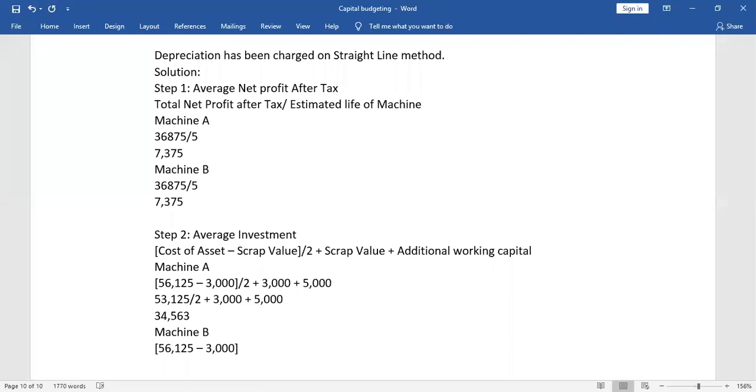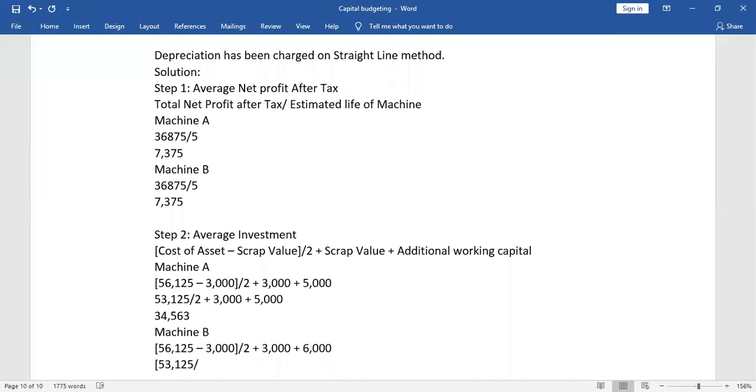Close the bracket, divide by 2. Now we have to add the scrap value, which is 3,000. But the only difference in this question is the additional working capital, which is 6,000 for machine B.